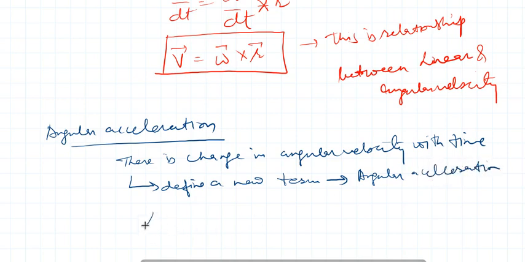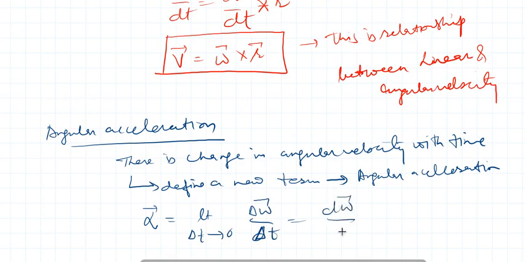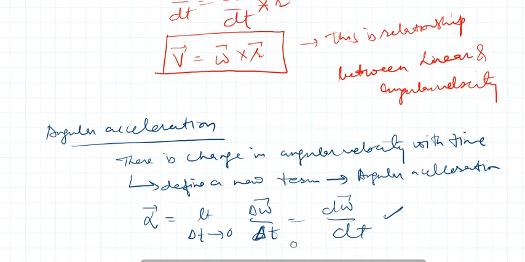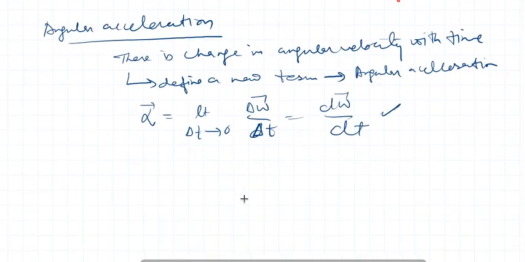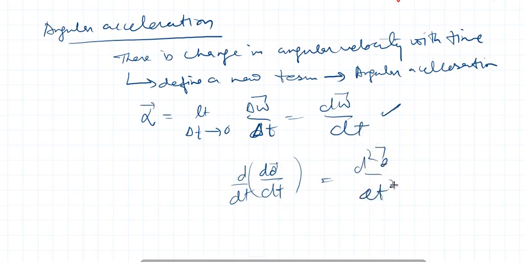Mathematically, alpha vector, the angular acceleration, is the limit as delta t approaches 0 of delta omega by delta t, or d omega over dt. This is known as angular acceleration. Also, we know that omega is d theta by dt, so it is d square theta by dt square.